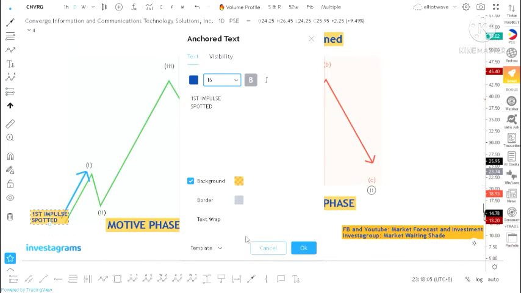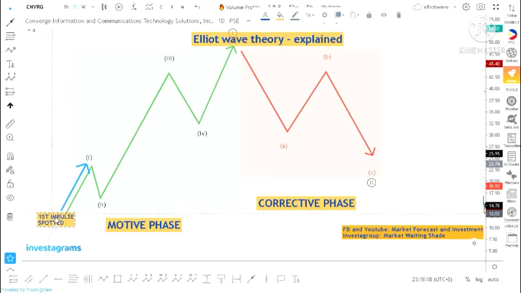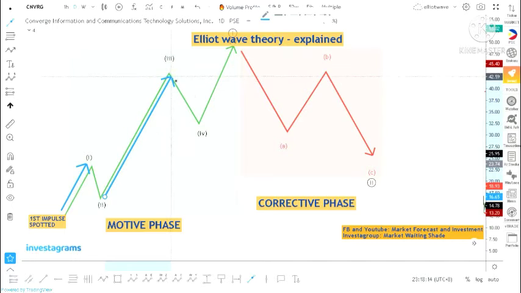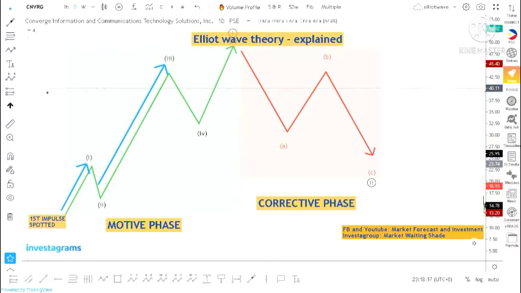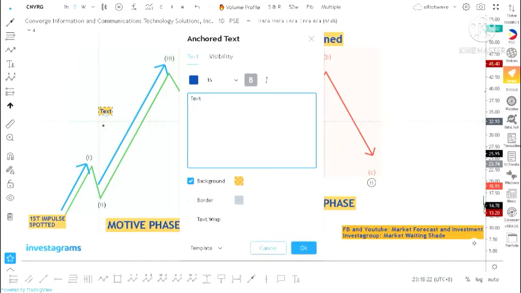And for a good illustration, we have this good third impulse. So we label it as wave 3, and this is the third impulse, again, spotted.